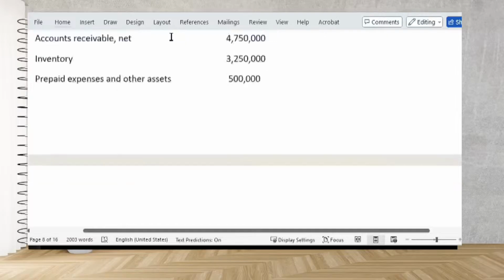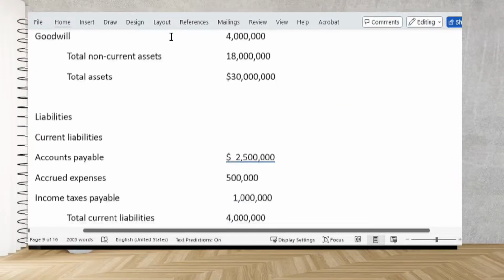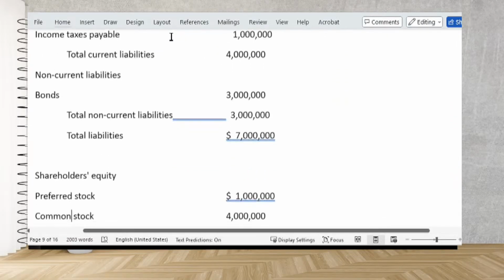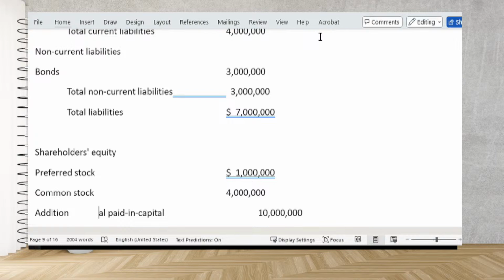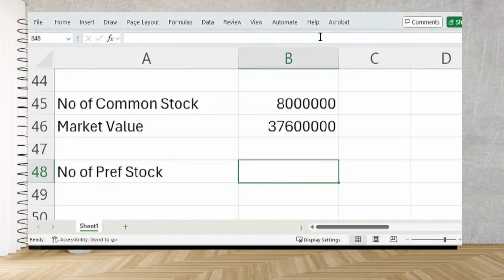So if I go to the balance sheet, here total value of 1 million and the per share is 10. So we can calculate: 1 million is total value, divide by 10. So this is number of stock.